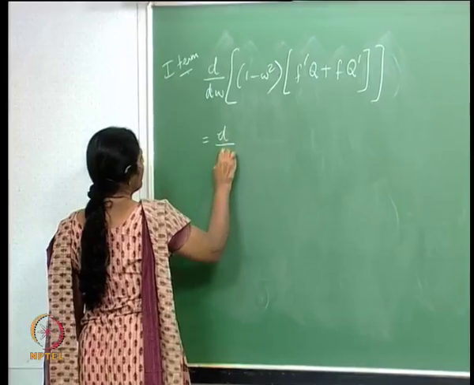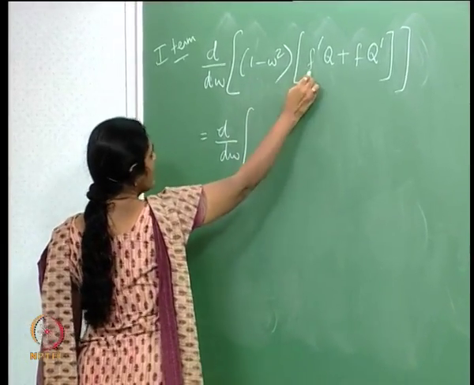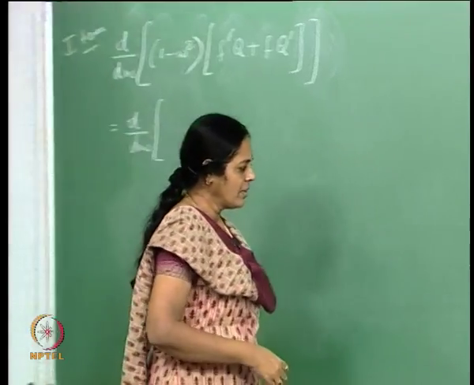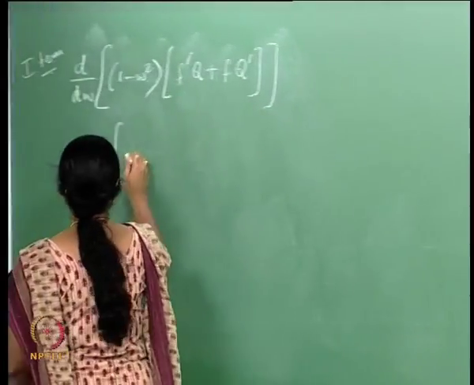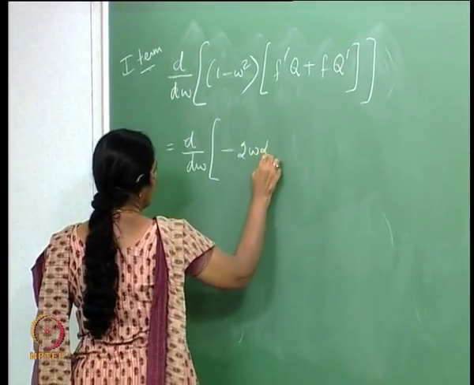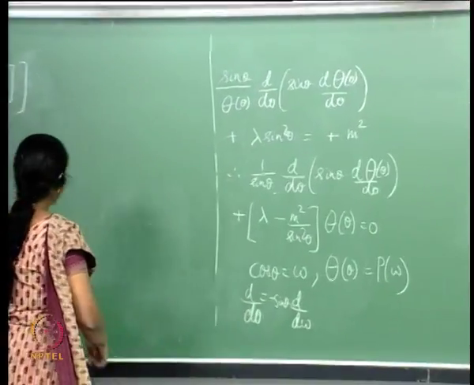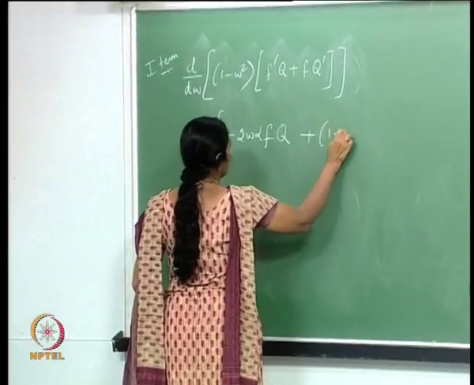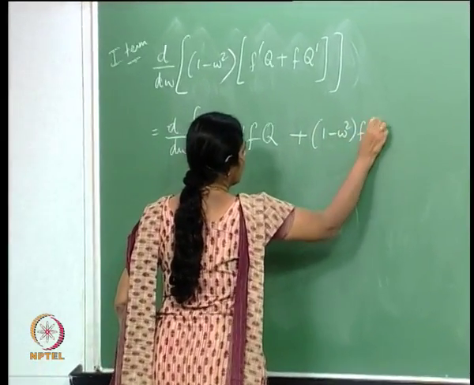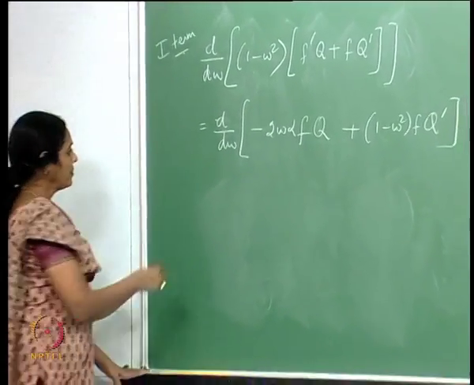That is d/dw of (1 − w²) f prime, which is −2wα f, we have already got that there, times q, plus (1 − w²) f q prime. So this is the first term.